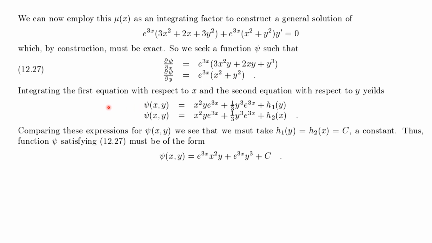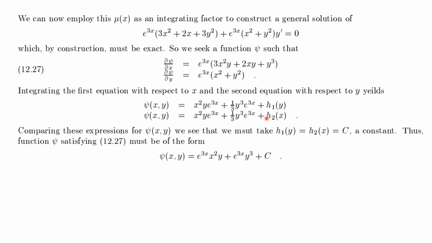Now, if we go through the process, as we discussed in the video, of solving this, we'll end up with psi of xy is equal to h1 of y plus x squared y e to the 3x plus 1/3 y cubed e to the 3x. And also, if we integrate the second one with respect to y, we'll get a function of x here.